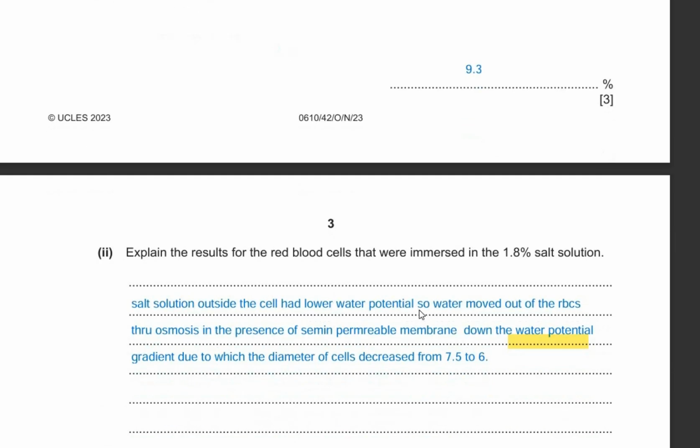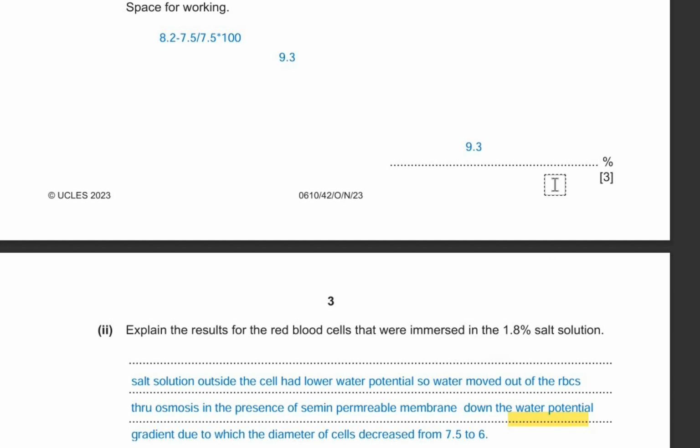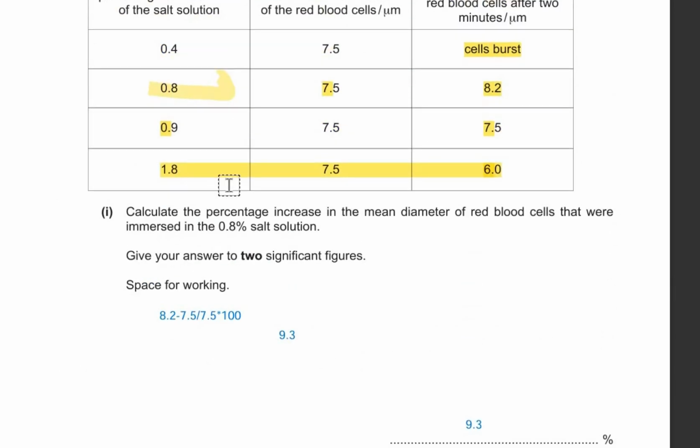Alright, now part 2 says explain the result for the cells immersed in 1.8% salt solution. So in 1.8% salt solution, the diameter of the cells decreased from 7.5 to 6. Why was this so? This means that water has moved from the cells to the outside, into the salt solution, because the water potential in the salt solution was lower than the water potential of the red blood cell, due to which a water potential gradient occurred and the water moved out across the semi-permeable membrane.